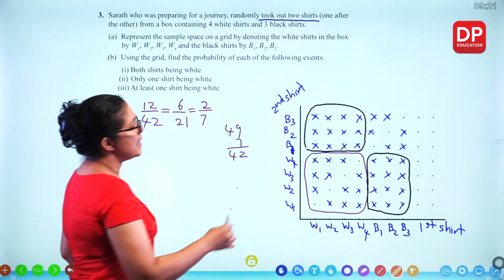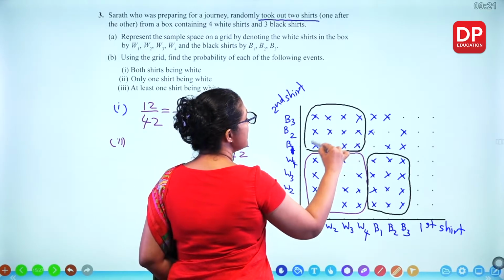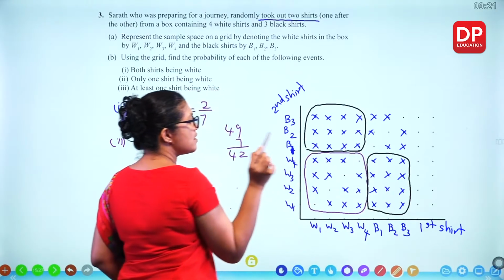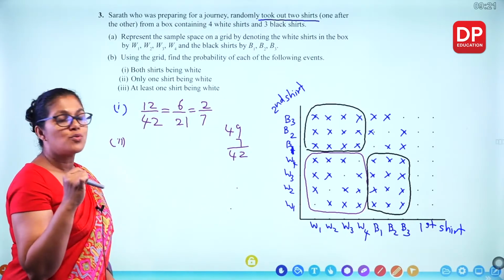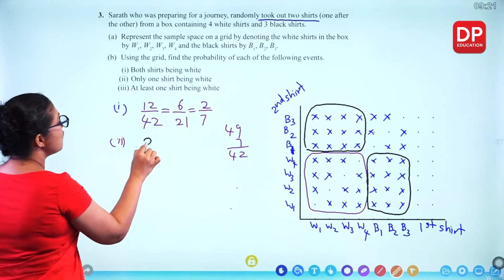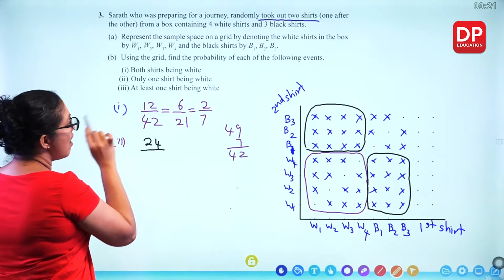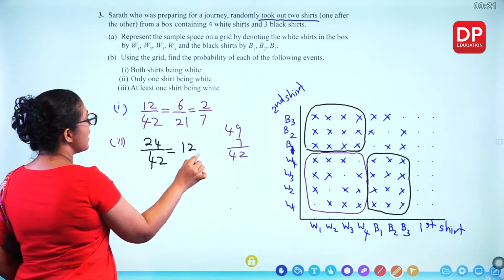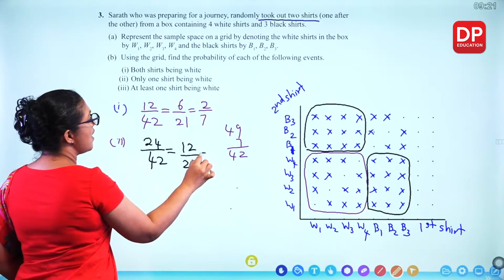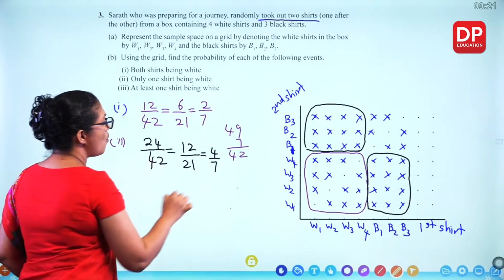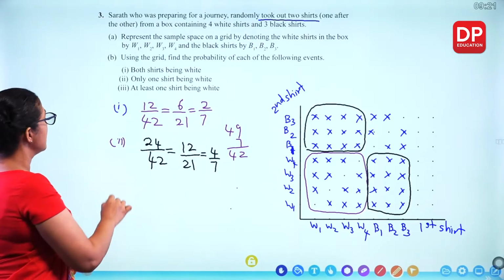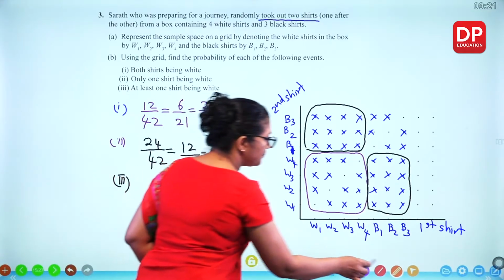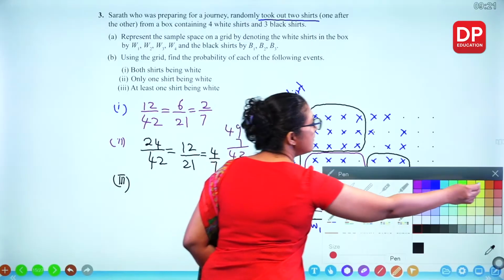So altogether how many? 24. So 24 outcomes from 42. When you divide by 2, you get 12 over 21. Divide by 3 again, 4 over 7. Third part, at least one shirt being white. I'll take red color.